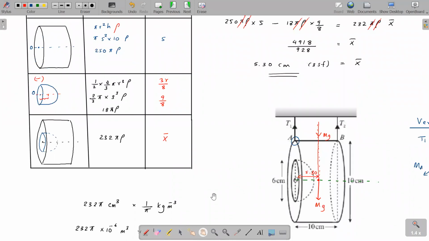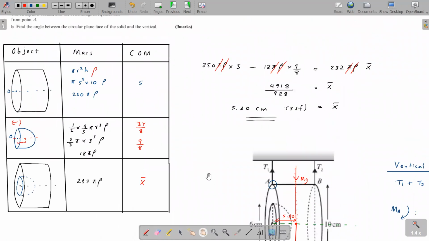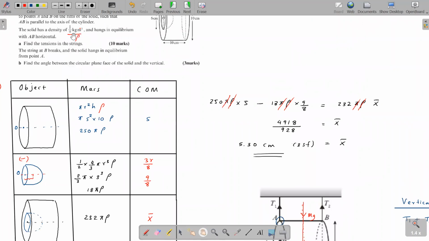To get the weight of this object, you can see I have the volume here, 232 pi. This is the place where we are going to consider the rho value, 1 over pi kilogram per cubic meter. Over here, the radius and height, we've been using all in centimeters, so 232 pi is in cubic centimeters.